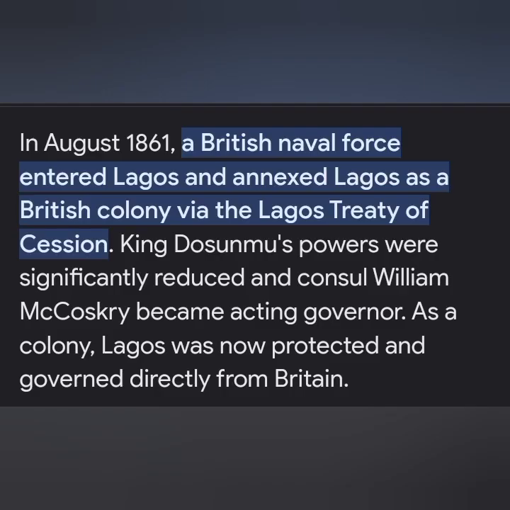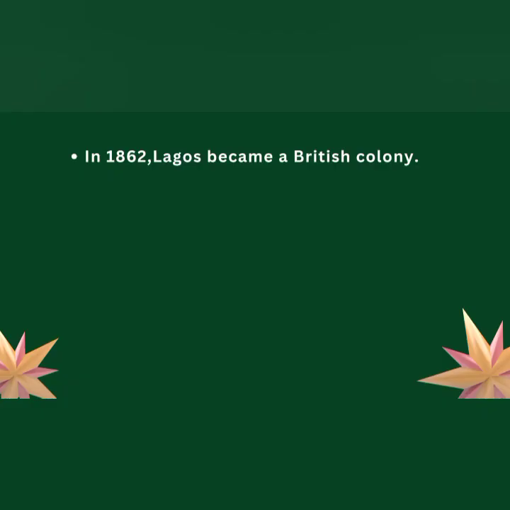When I say Lagos was annexed in 1861, what is meant is that Lagos was occupied by the British. That was when the British government sent their people to come and take over the affairs of Lagos. But in 1862, Lagos became a British colony.